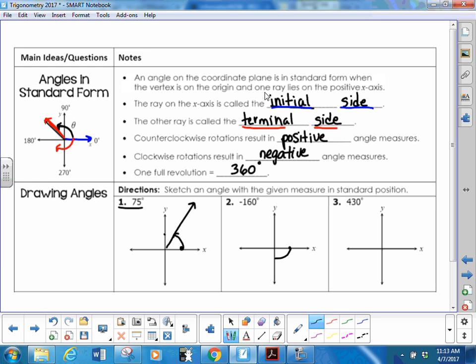I need more. What if I go all the way to here? How many degrees would that be? 180. That's too many. So, okay, I'm going to do 90. I'm going to stop right there. So that's what a negative 160-degree angle would look like.